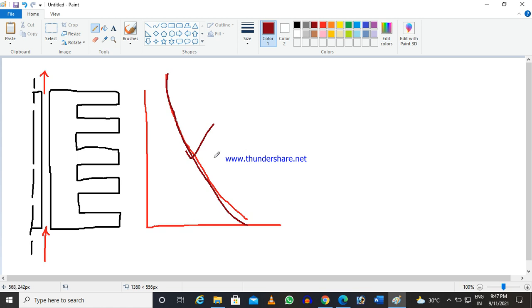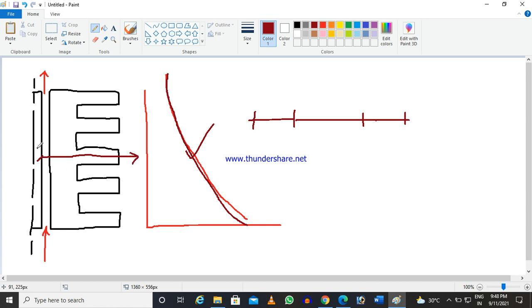Because what is basically happening here, if we see it briefly, in an elaborated way, say heat flow is taking place in this direction.